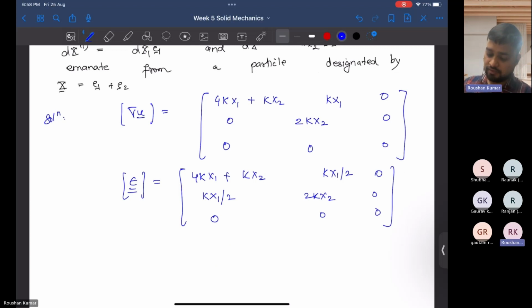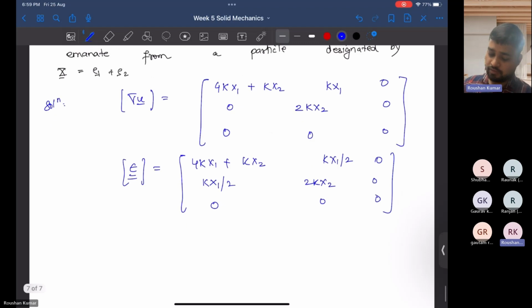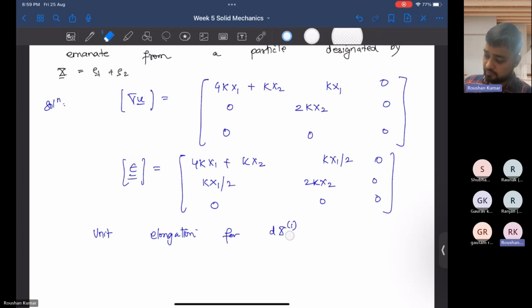And now we have the longitudinal strain along the E1 direction, that is the unit elongation for dx1 E1.